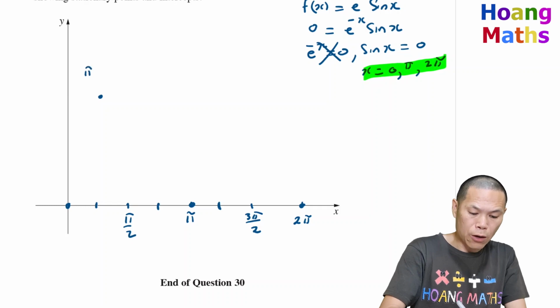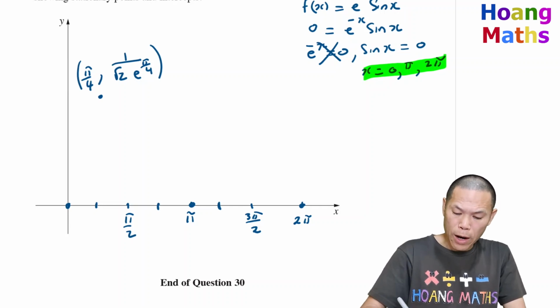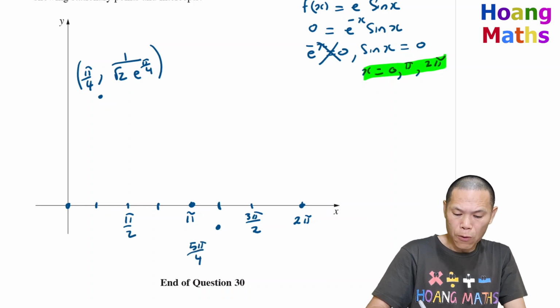So for pi over 4, that will give me 1 over square root of 2 e to the pi over 4. That is the first stationary point. And the other one is at 5 pi over 4, negative. Let me write it here first, roughly. So at 5 pi over 4, that gives me negative 1 over square root of 2 e to the 5 pi over 4.